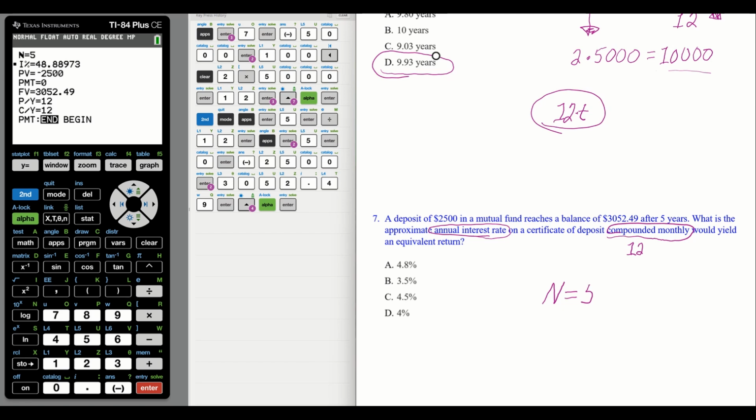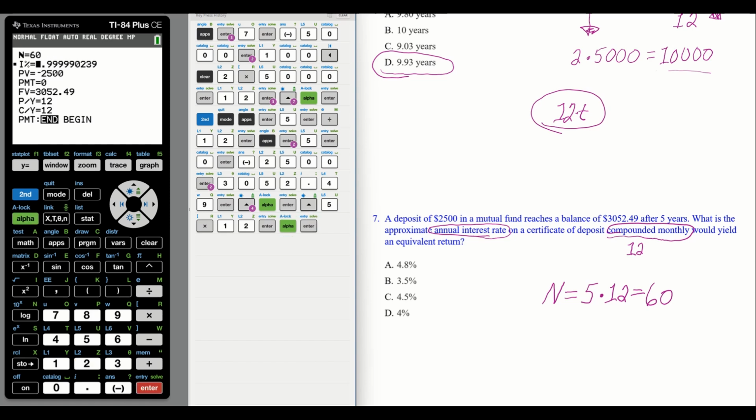N equals 5 times the 12 months compounded. My 5 is wrong. Let's go up. And don't always do it by hand. Put in the 5 times 12. Let the calculator do it for you. Now push alpha, enter. And that is the answer.